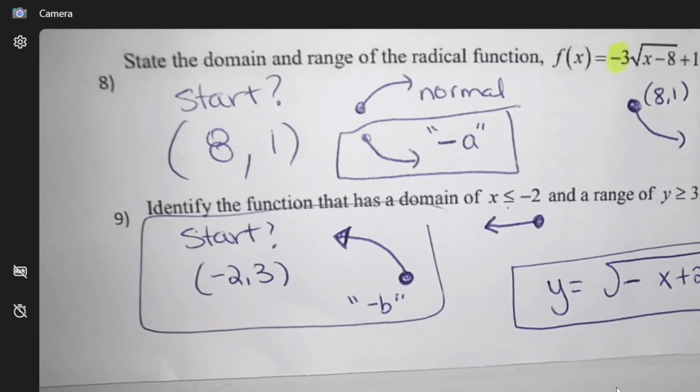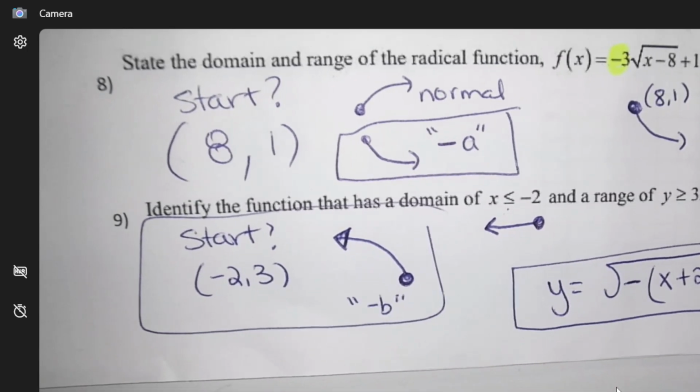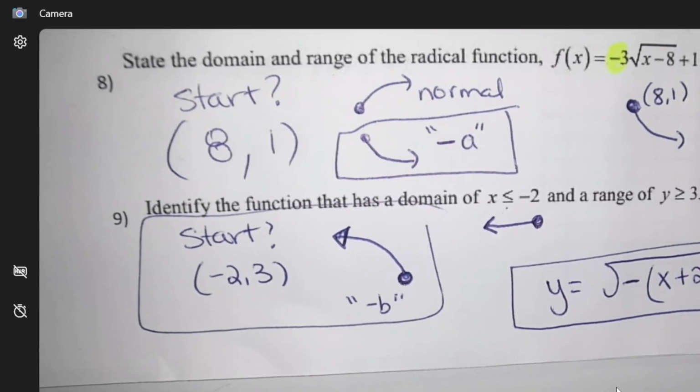And here's where like 25% of you lost marks on your test. The B is always factored out, right?